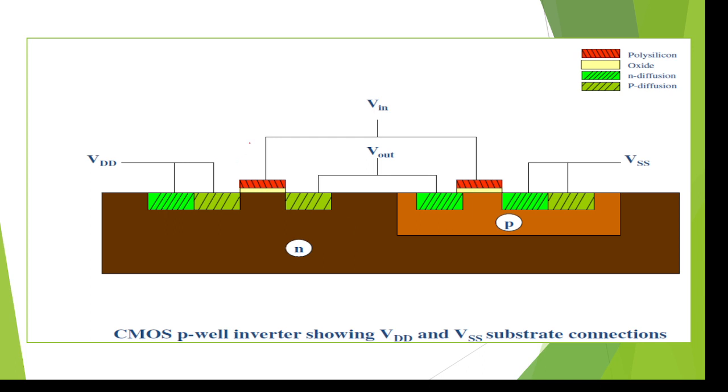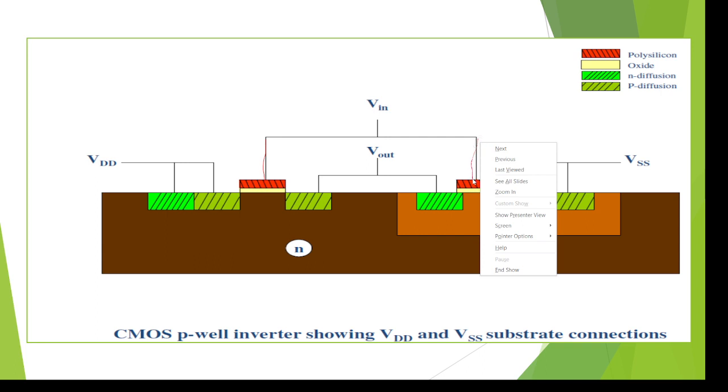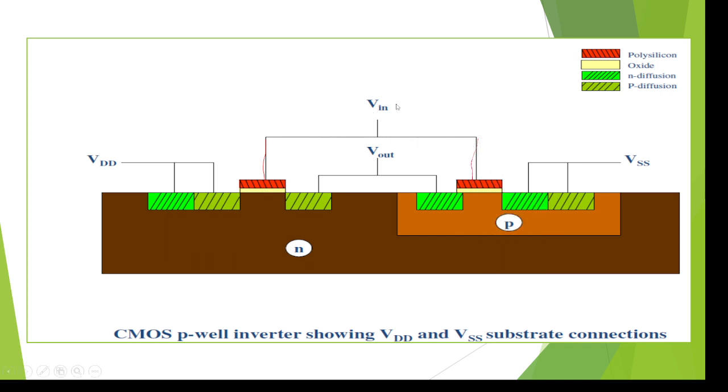You can see how to design an inverter using symbols, but here the two gates, gate 1 and gate 2, are interconnected. Across them we give the input, either 1 or 0, and across the interconnected source and drains we take the output. While giving 1 we should get 0, and while giving 0 we should get 1. Anyhow, we will discuss the inverter operation later. It is used as a CMOS inverter.